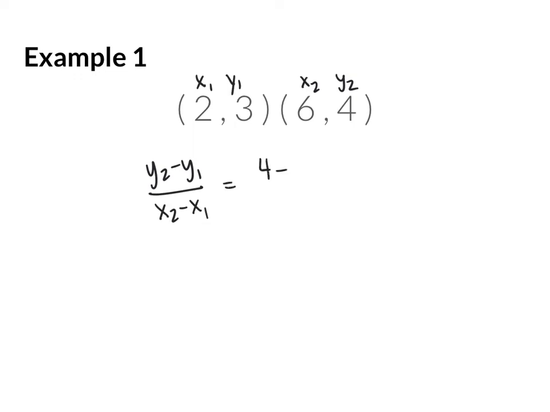That's 4 minus 3 over 6 minus 2. That gives me a slope of 1/4. So I've determined my rise, or my change in y's, over my run, which is a change in x values, giving me a slope of 1/4.